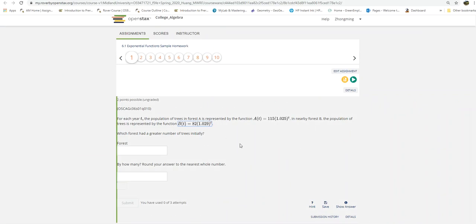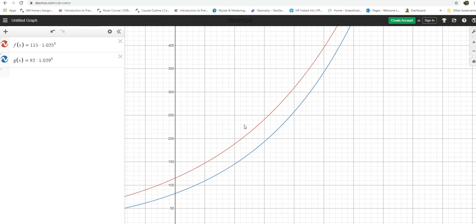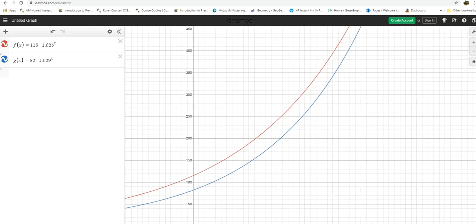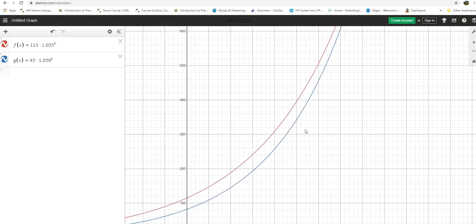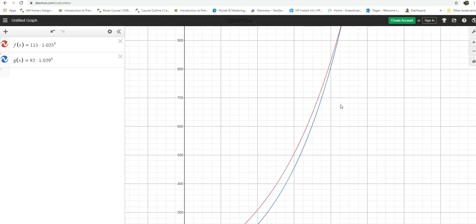Now, just a quick aside. The red curve is the population of trees from forest A, and this is from forest B. Obviously, the initial population of A is larger than the initial population of B. Now, let's look at the graph, because B is actually growing faster.